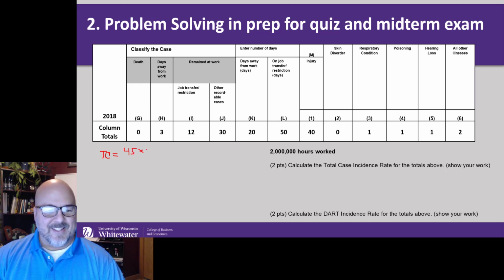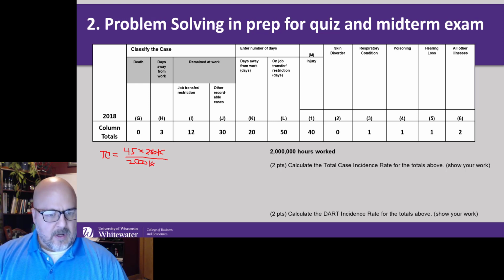45 times 200K, divided by 2 million, which I'm going to say is 2,000 K. I say that because then I can cross out the Ks, and that's 200. I could also cross out two more of these.